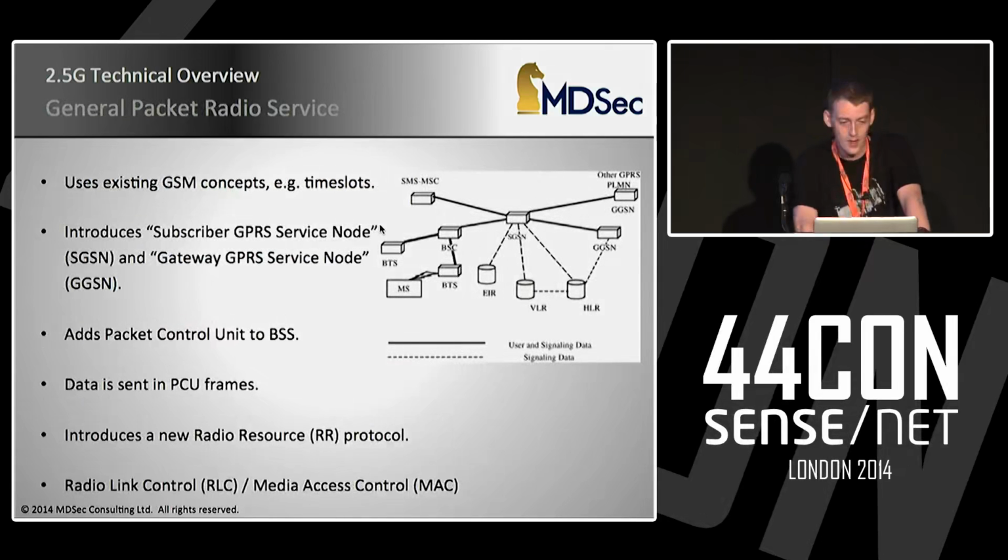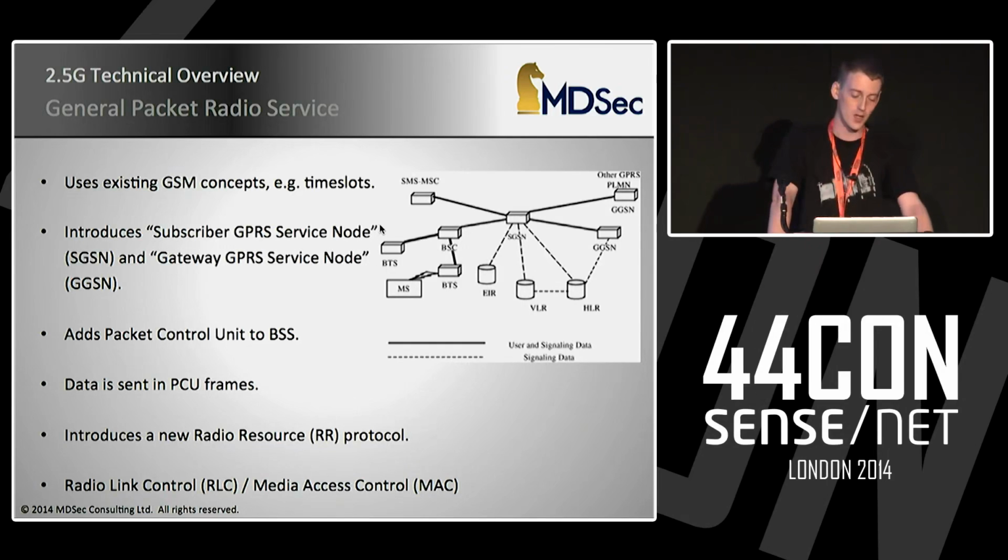So there's also now the General Packet Radio Service. General Packet Radio Service, or GPRS, is what makes a 2G GSM environment 2.5G. It makes use of existing GSM concepts such as time slots, and introduces two new components into the original GSM architecture, which are the Serving GPRS Support Node, or SGSN, and the Gateway GPRS Support Node, or GGSN.